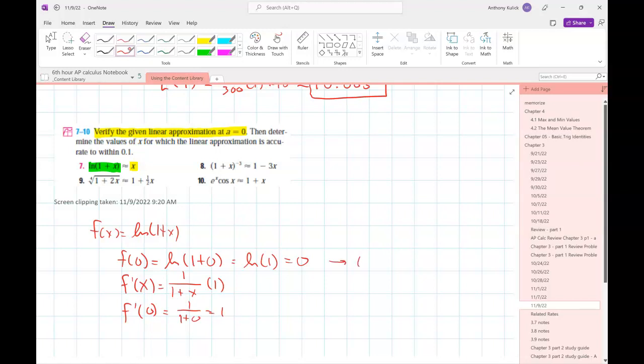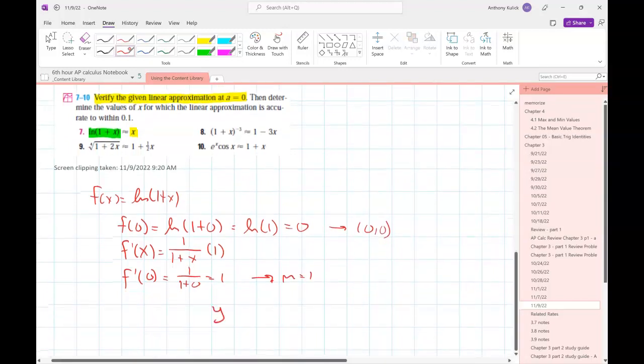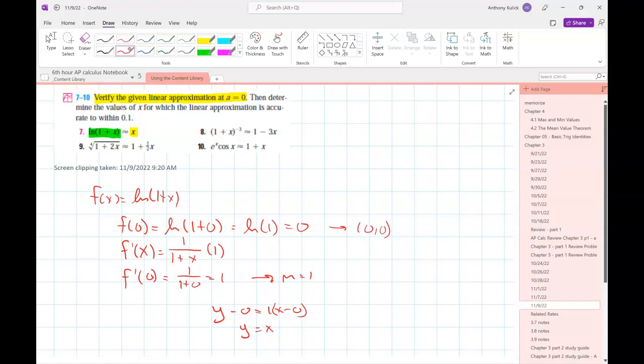So I have the point (0, 0), and the slope is 1. So I get y equals x. That looks good. Verified. Not doing anything here other than just checking.